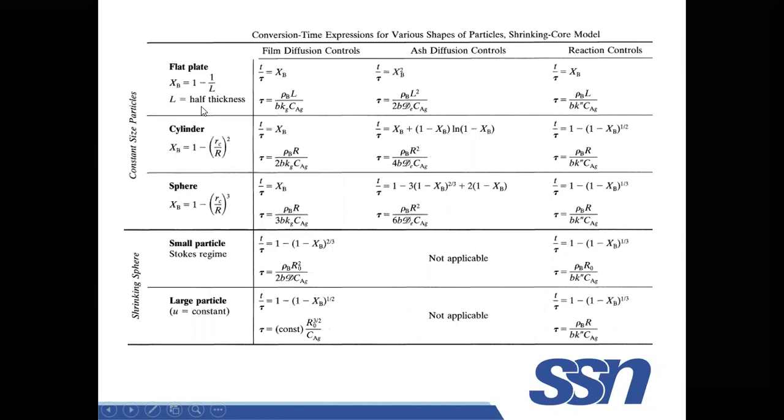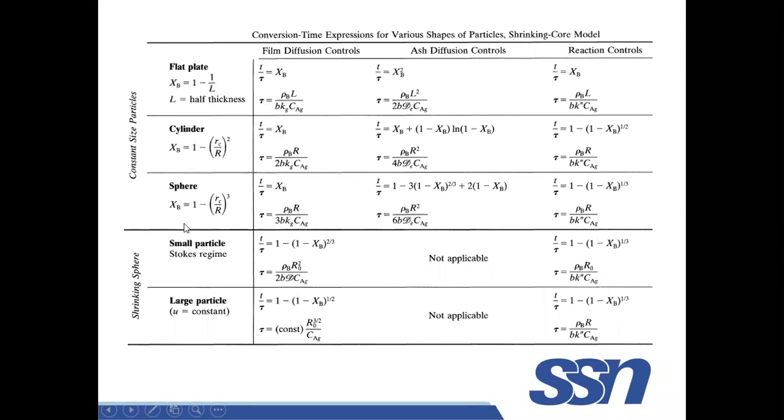Why do we use the half thickness L? Because we use a symmetry, just like a spherical particle, we use a symmetry for this. Okay. So these derivations are not that important, but since the expressions are here, I'm just giving them, right?